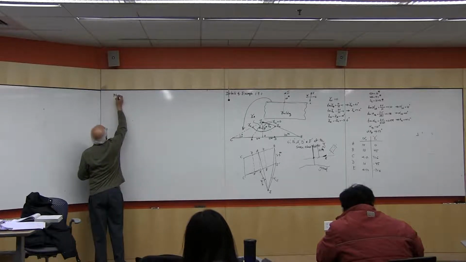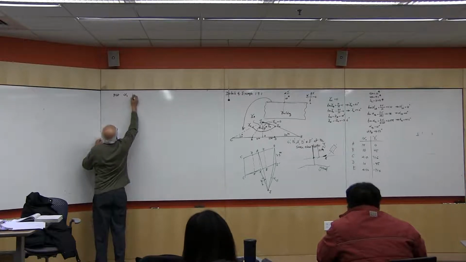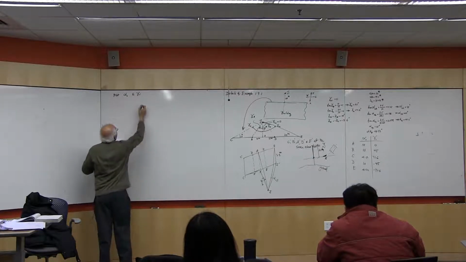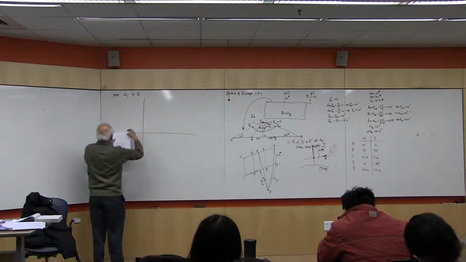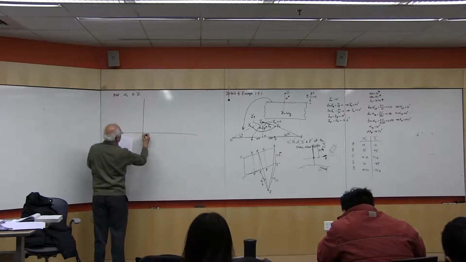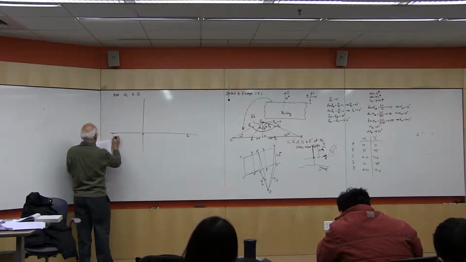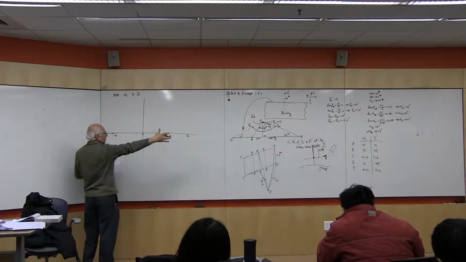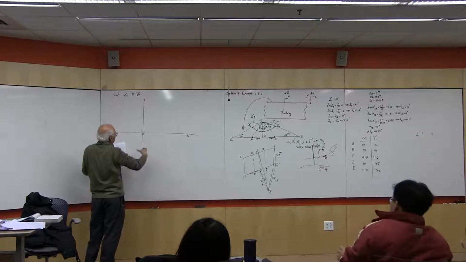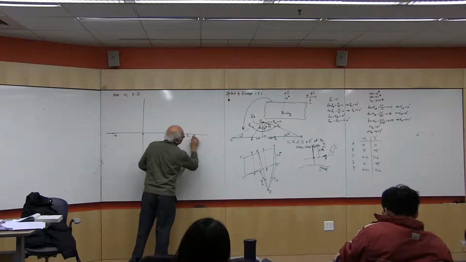Plot alpha naught versus gamma naught. Actually, the limit could go higher, but this is what we had, basically, up to minus 71.6 and plus.